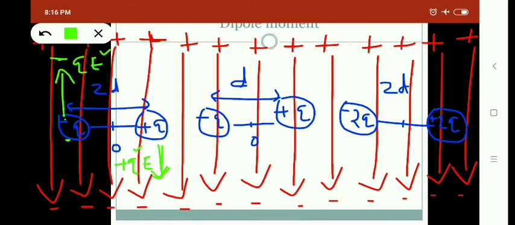So these two equal and opposite forces make this dipole rotate. This plus q charge will try to rotate in this direction and the minus q charge will try to rotate in this direction.